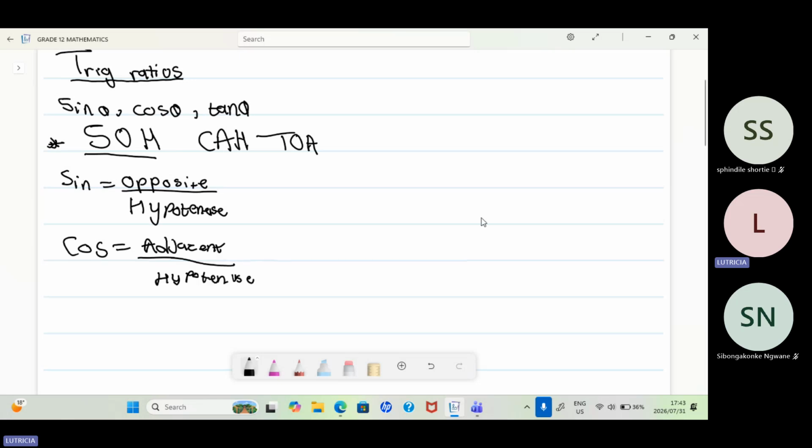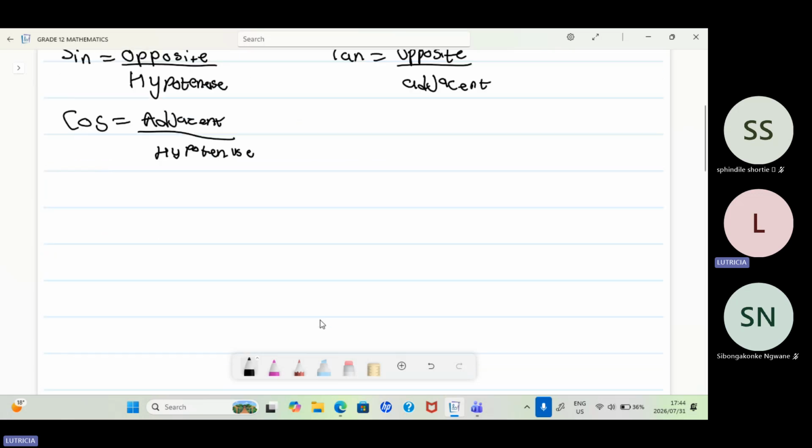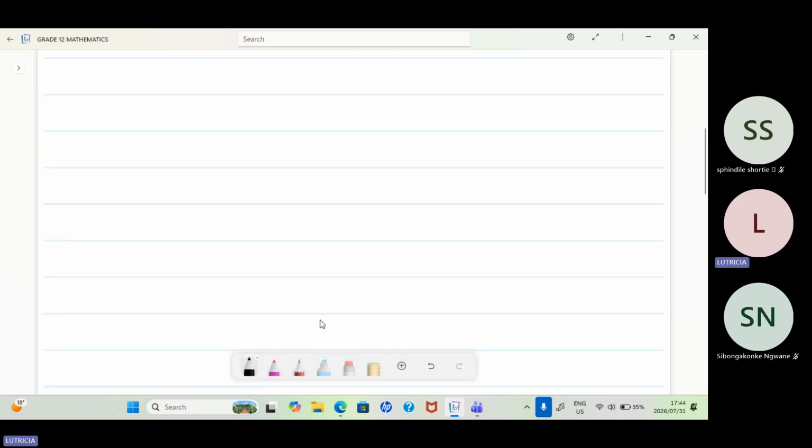Same with TOA. The T for tan is equal to the O for opposite over adjacent. Okay, so once you have this in mind, now we're gonna go into the triangle and I'll show you how to actually apply these.